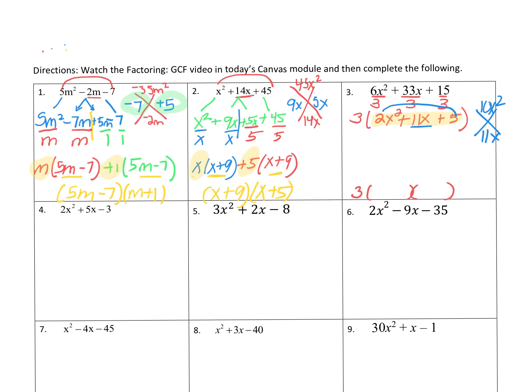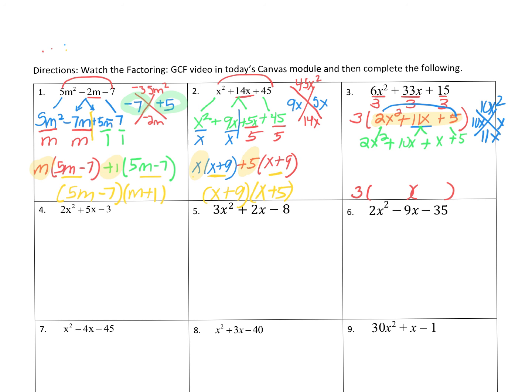And since we need to make an 11, that is going to give us 10x and 1x. And so now I'm going to start that process of split the middle. I'm going to drop the first term down. I'm going to drop the last term down. And then I'm going to split up the middle term into 10x and 1x.